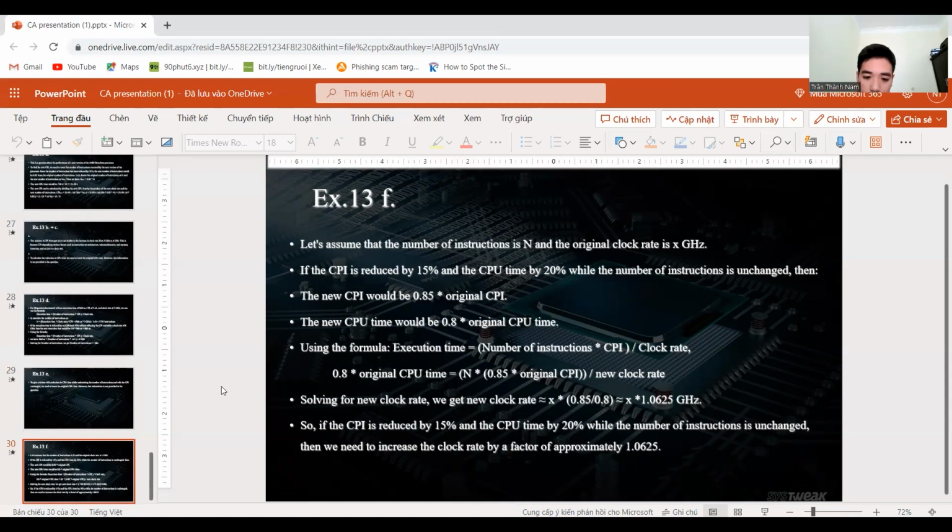If we use the formula of execution time, we will find the new clock rate, which is 1.0625 times the original clock rate. So if the CPI is reduced and the CPU time by 20% with the number of instructions unchanged, then we need to increase the clock rate by a factor of approximately 1.0625.